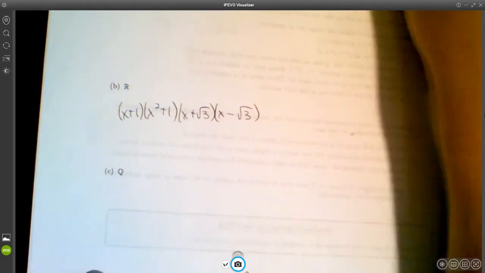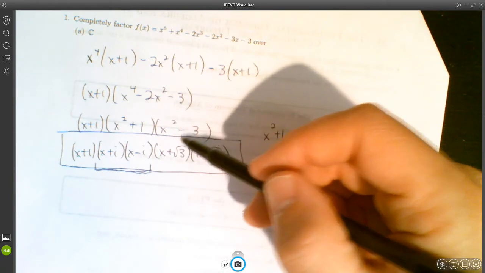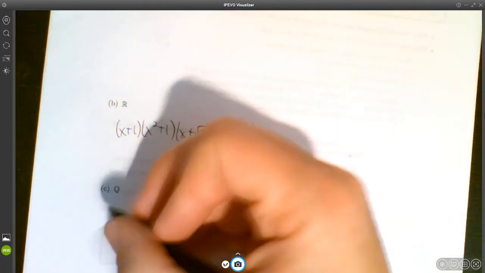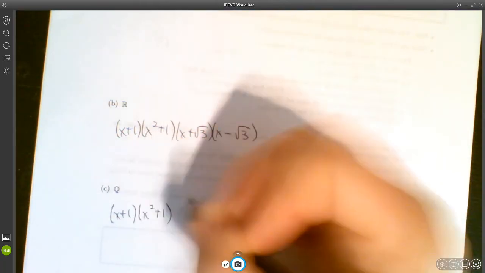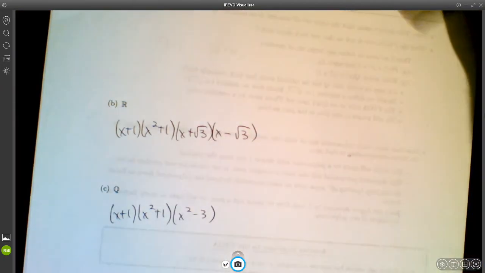So we already know that if we combine those two expressions, we're going to get the x squared minus 3 that we had up here. So the complete factorization over the rationals would be x plus 1 times x squared plus 1 times x squared minus 3. Right? And there's the complete factorization over the rationals.